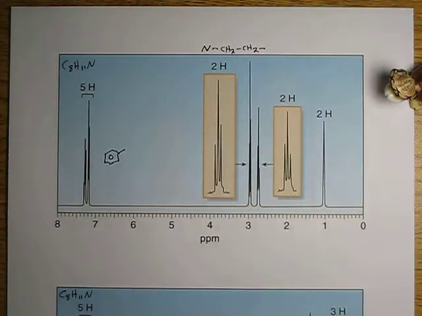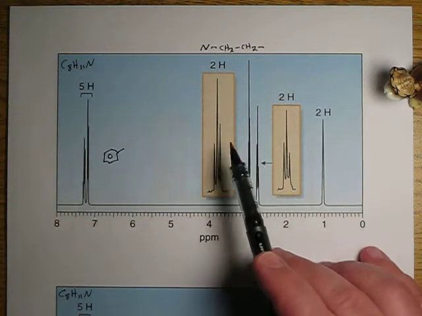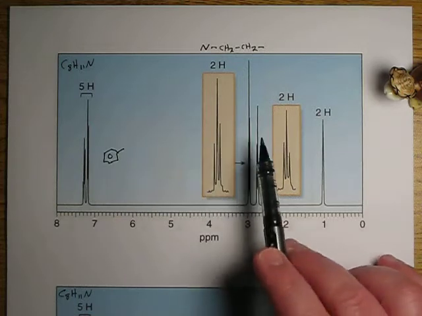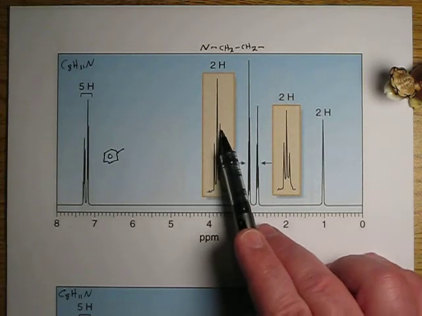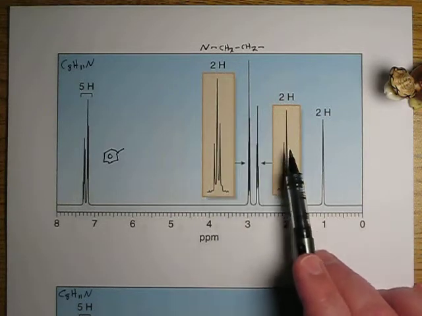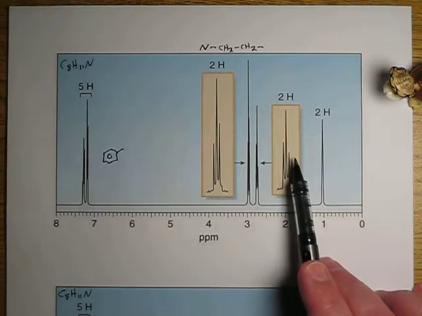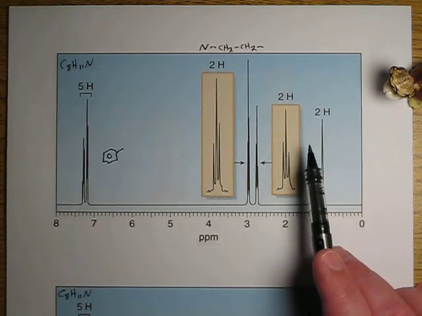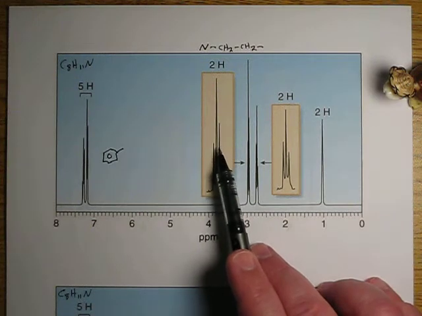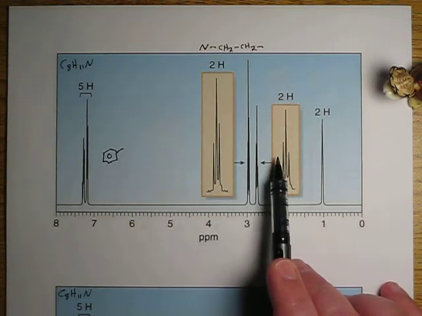One little hint when you're looking at these spectra. See how in this multiplet, this triplet, the inner peak is a little bit taller than the outer peak on the right, but here the left peak is a little bit taller than the right peak in the triplet. What that usually means, and not always, is that whatever caused this to split into a triplet, that resonance is probably down towards the right.